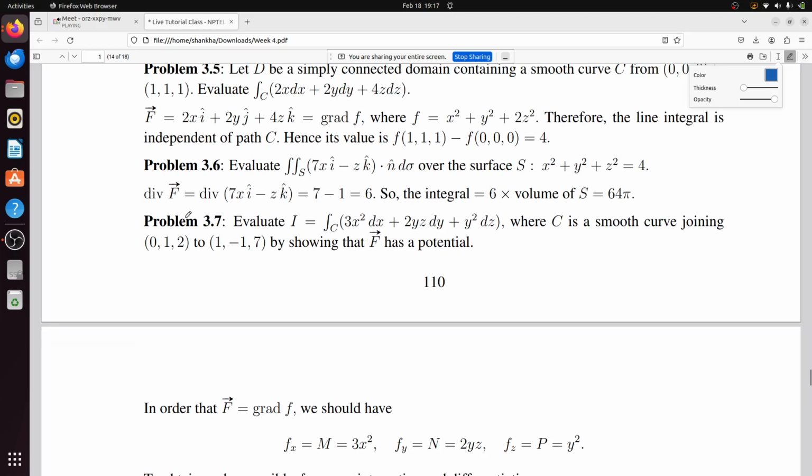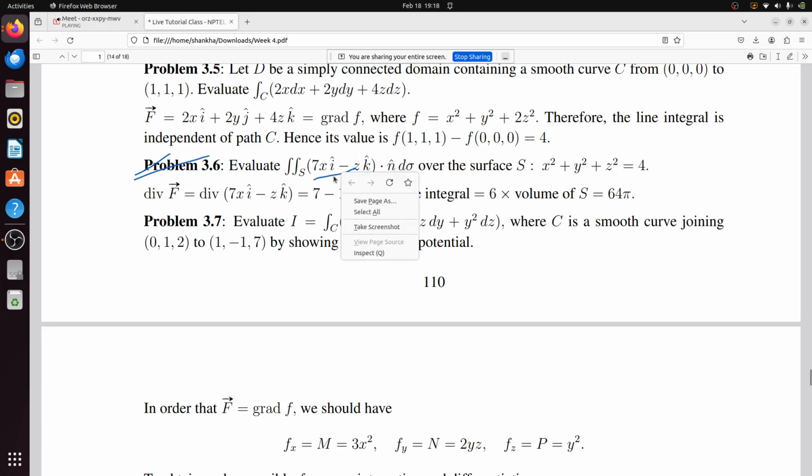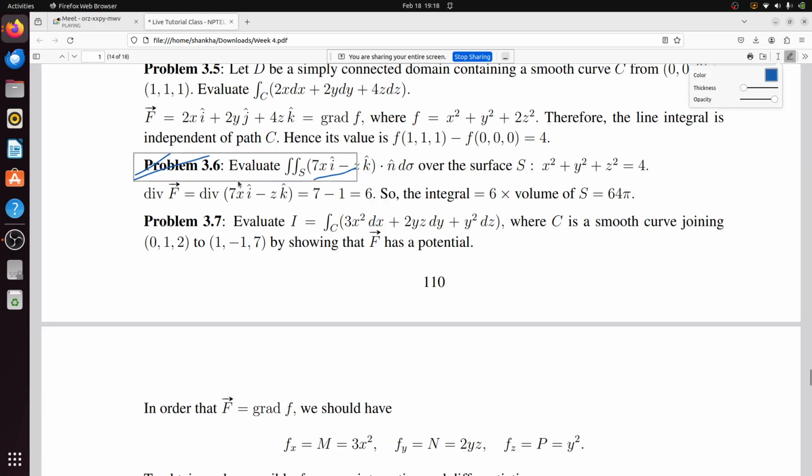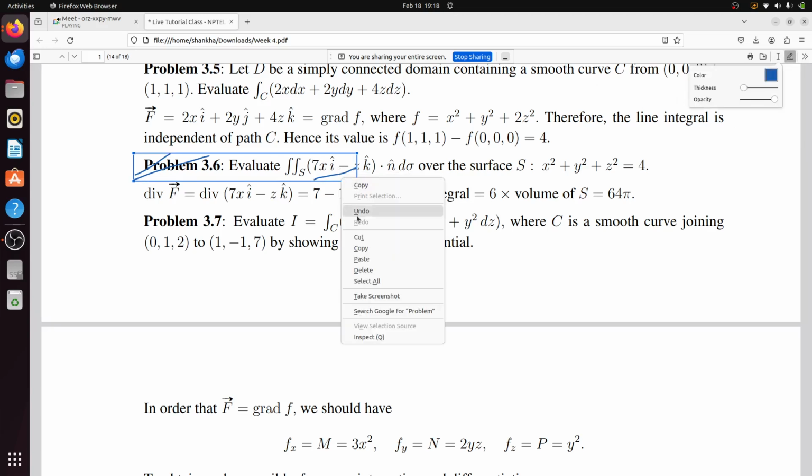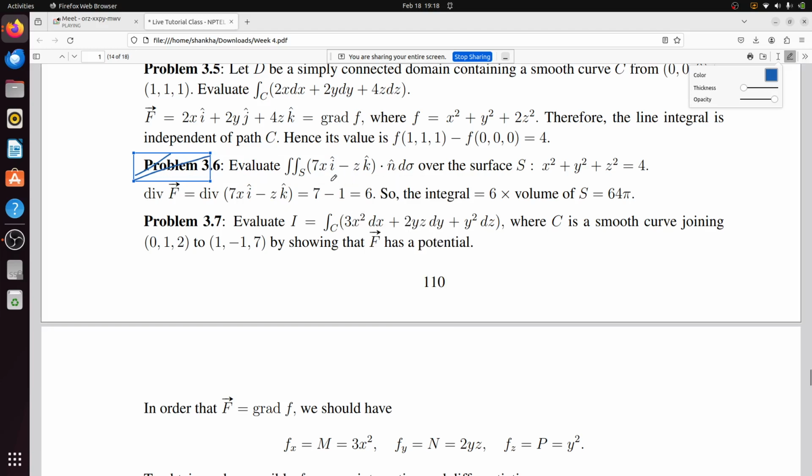So for example, you just see here, you need to evaluate the surface integral of F = 7x i - z k dot n dσ over the surface S: x^2 + y^2 + z^2 = 4.